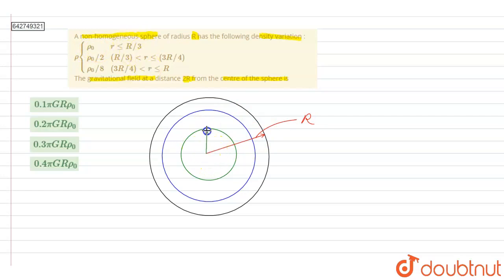The sphere with density rho naught will be of radius r by 3, so this will be the innermost sphere. This is r by 3 radius, and the density is rho naught.